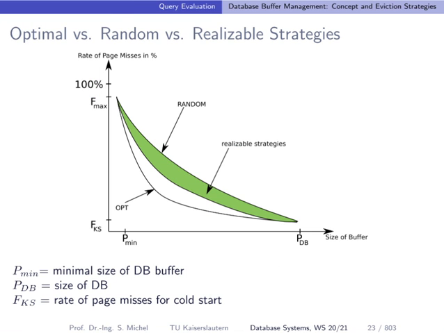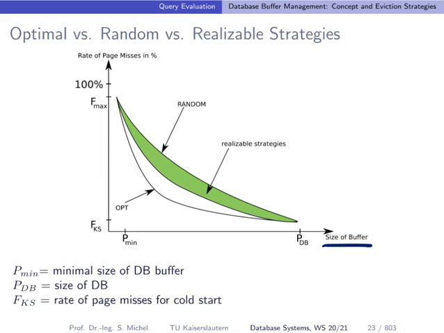In this illustration, you see the space of possible strategies in terms of the size of the buffer and the number of page misses, or the frequency of page misses in percent. So this is the size of the buffer, and here you have the miss rate in percent.